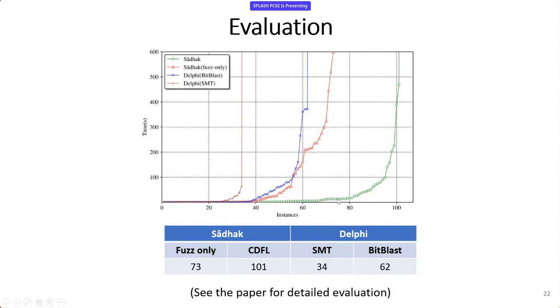So you can see that our technique was able to solve more benchmarks. Out of 107, we are able to solve around 101 in the CDFL mode. I'm just showing you a part of our evaluation details, so you can find more in the paper.